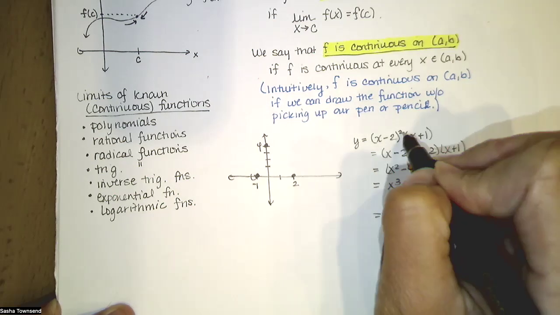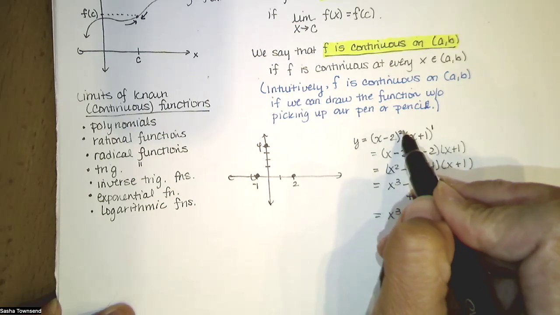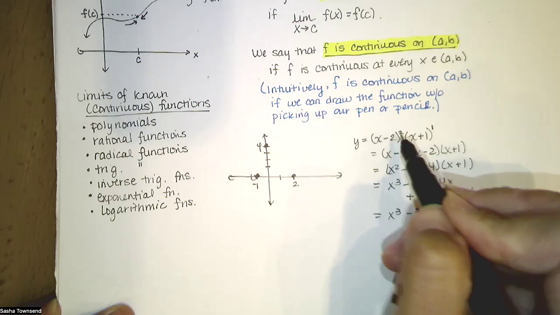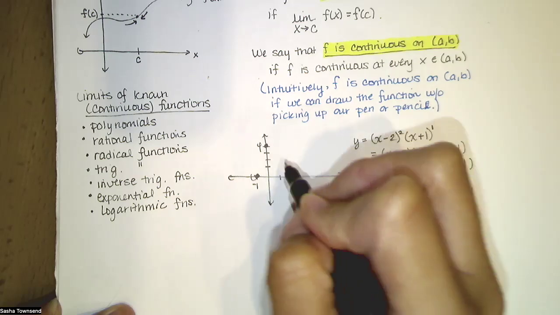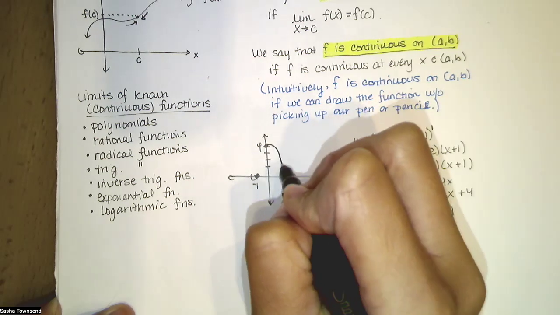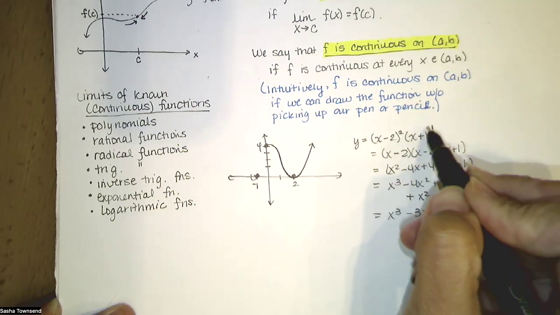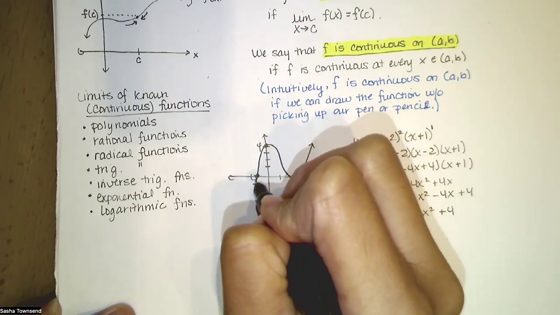And then because of the multiplicity of these roots, since this factor is raised to the second power and that power is even, our graph is going to touch and turn at the x-axis. And because this multiplicity is odd, it turns out that the graph crosses through the x-axis.